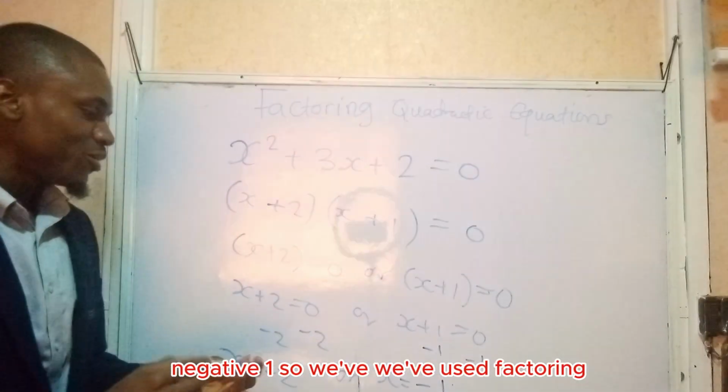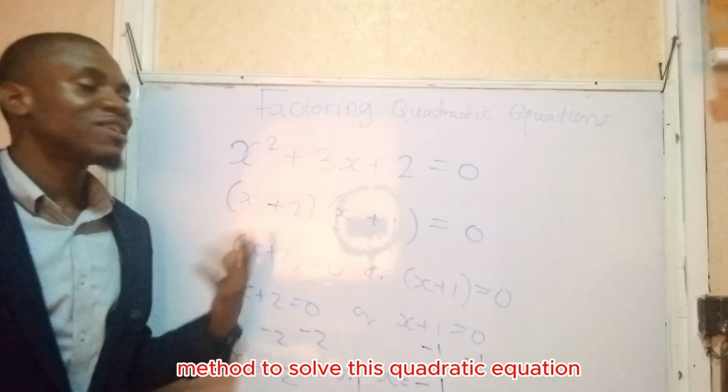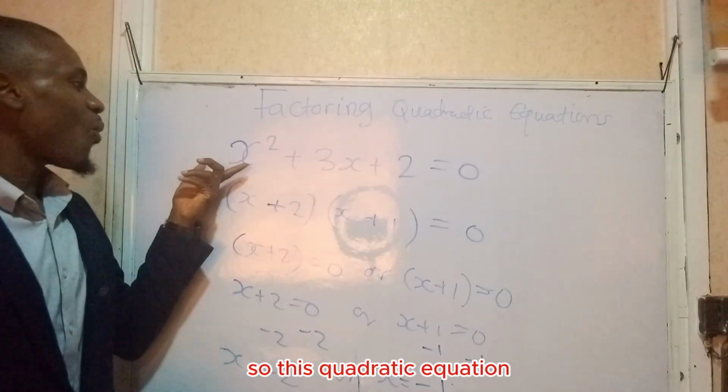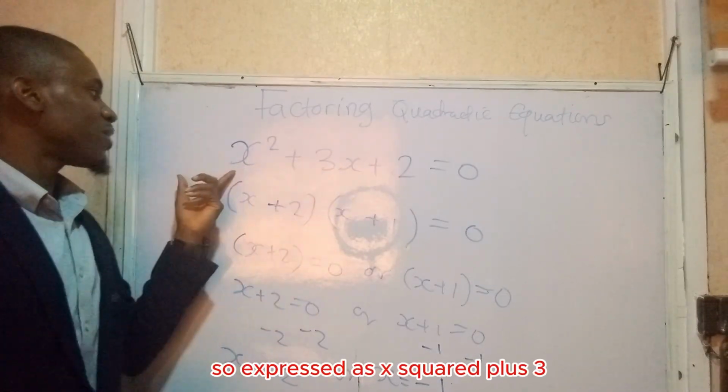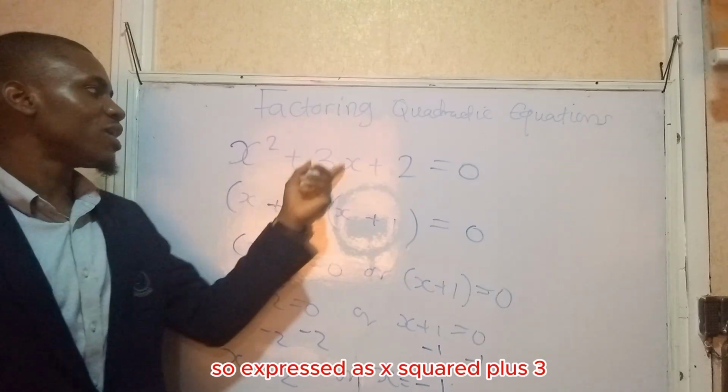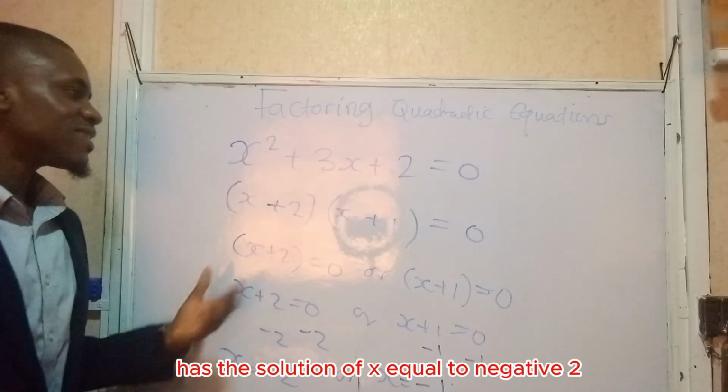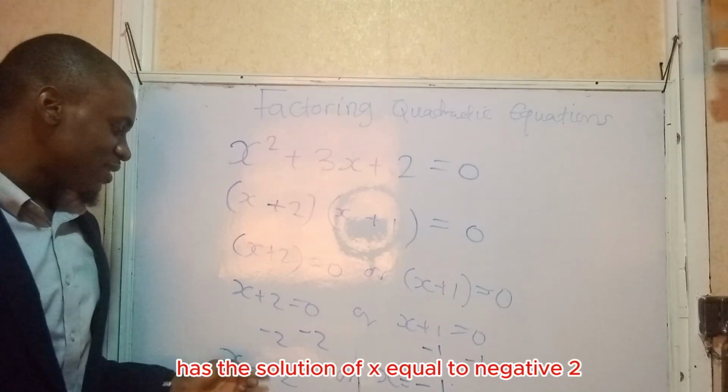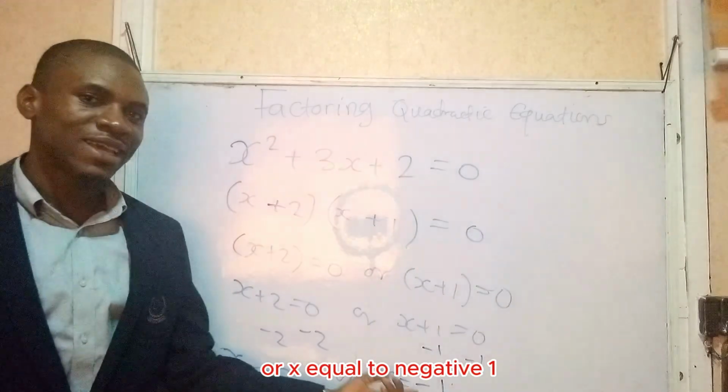So we've used the factoring method to solve this quadratic equation. This quadratic equation, expressed as x squared plus 3x plus 2 equal to 0, has the solution of x equal to -2 or x equal to -1.